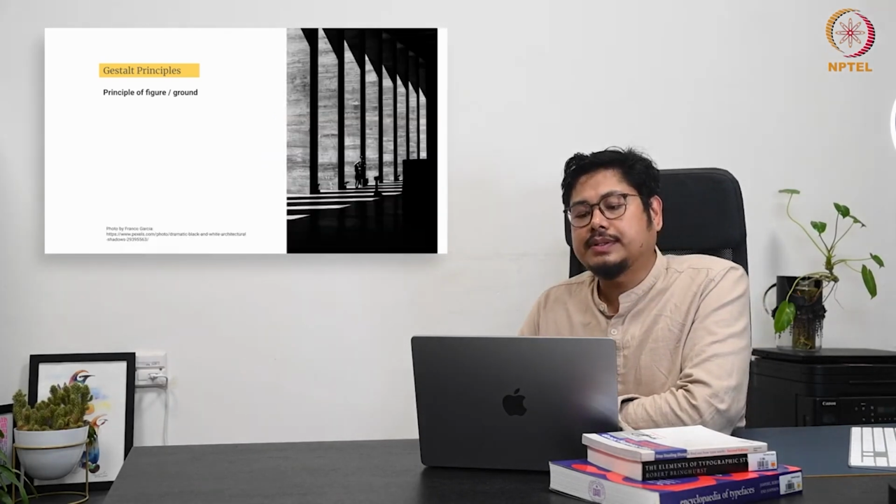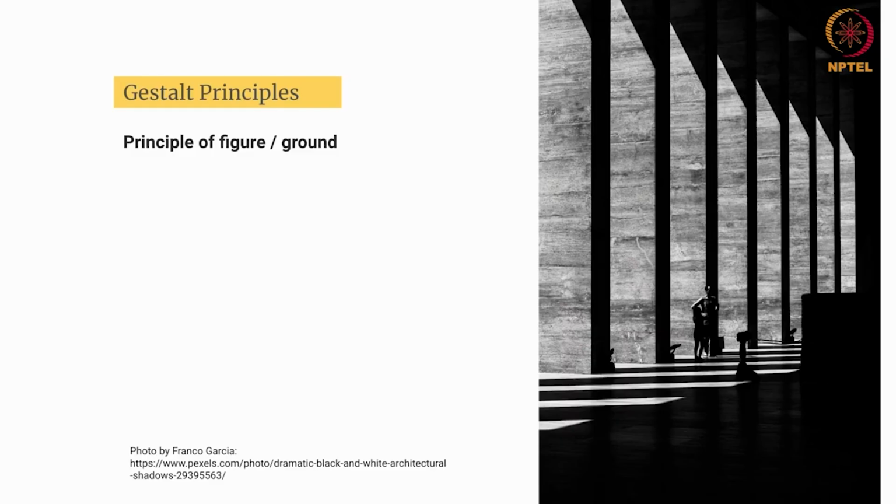Yeah, so this is again a beautiful picture clicked by Franco Gracia, and you can see how the picture again plays along with the idea of foreground and background in an illusionary manner, because although the walls are not designed in such a way, because of the shadows it feels like a pillar, right?